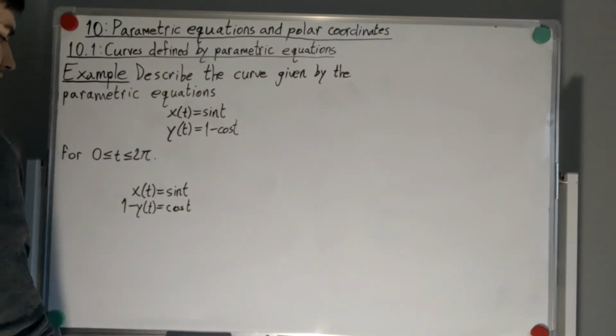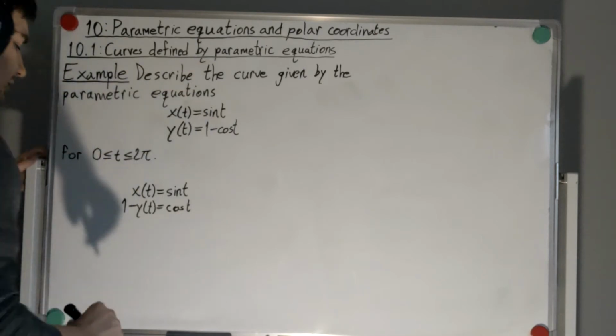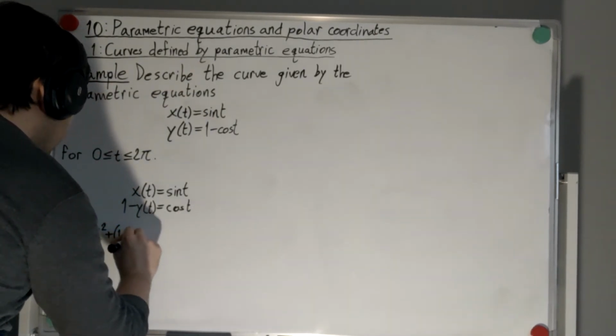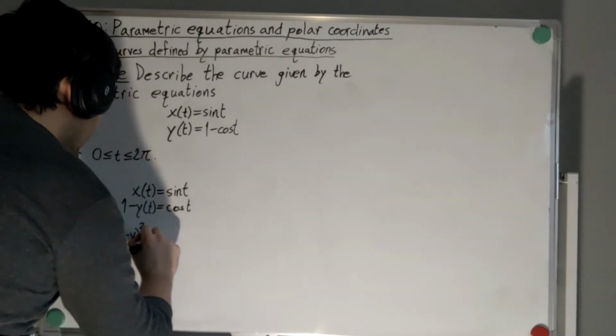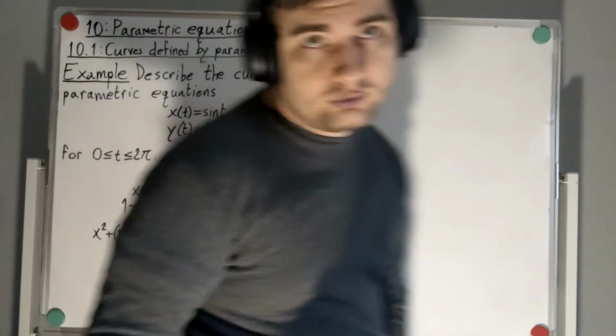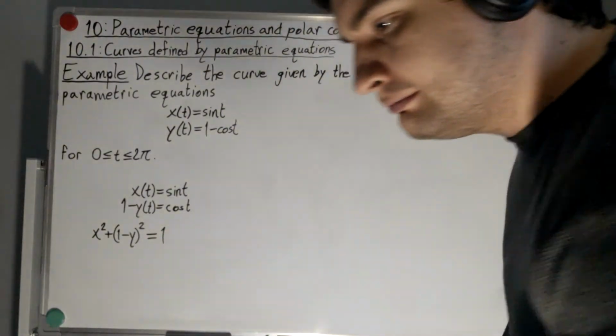Okay? Now again, square both sides and add them together. You get x squared plus 1 minus y squared equals 1, because cosine squared plus sine squared is always 1.